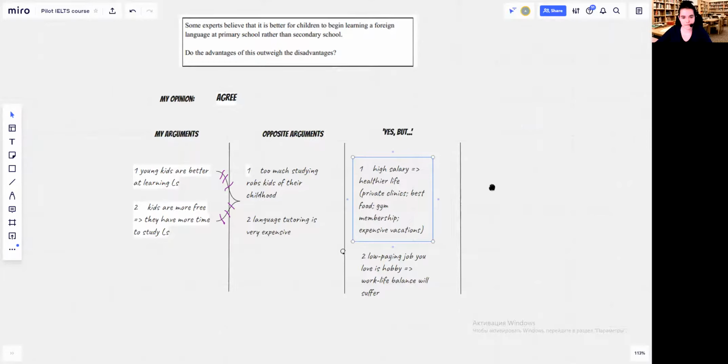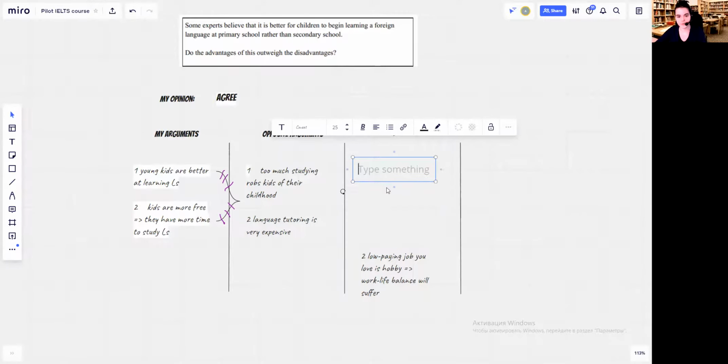So I think I have a good idea. So too much studying robs kids of their childhood. Yes, but starting early also gives kids an edge in their future studies and their future careers, doesn't it?